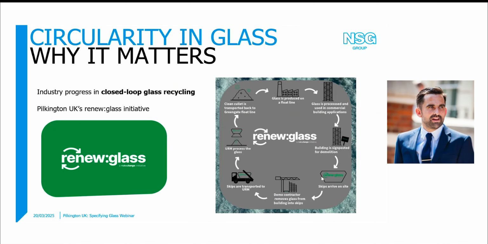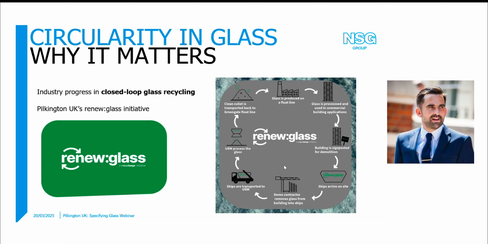We have guidance on this that we can issue, but essentially you'll see in that picture the circle from production, from a building that's signposted for demolition. It's key that the glass is segregated.